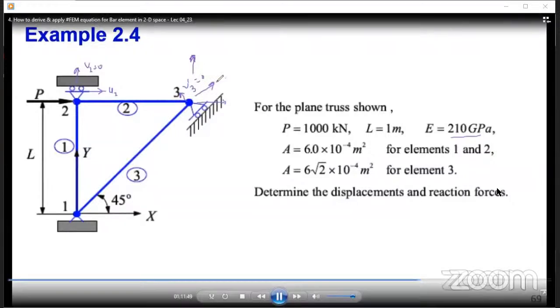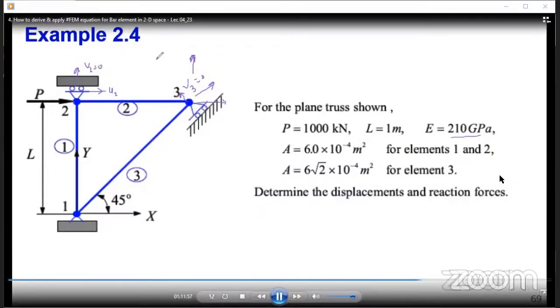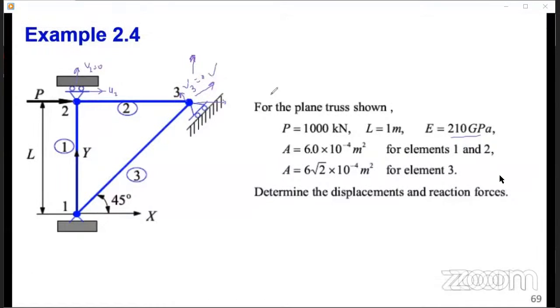V3 global is not equal to 0. Only, this support will not lift from this place, it's a roller. So that's why we are saying V3 prime is equal to 0. And this is a fact that you're going to utilize. You see how we are able to transform from the local coordinate system to the global coordinate system of what we know. This is a known condition.